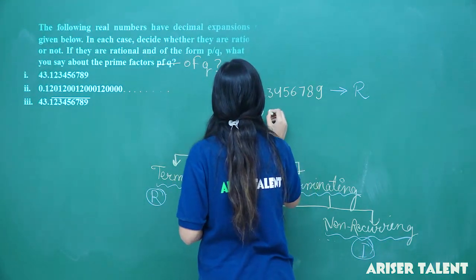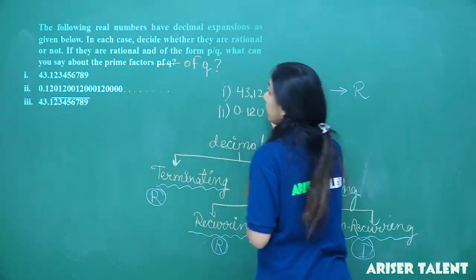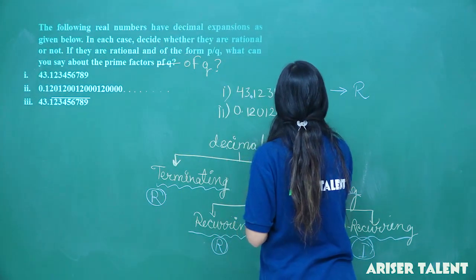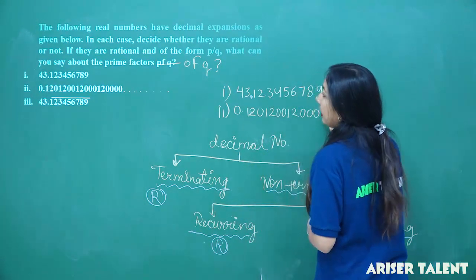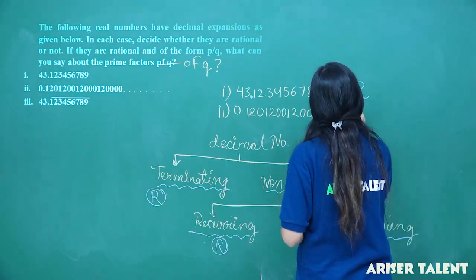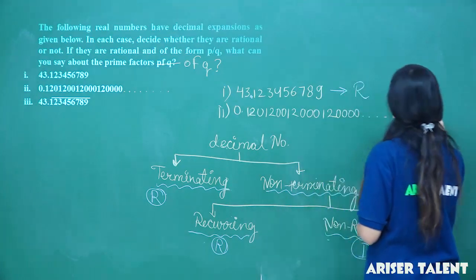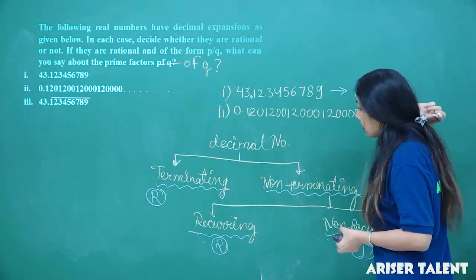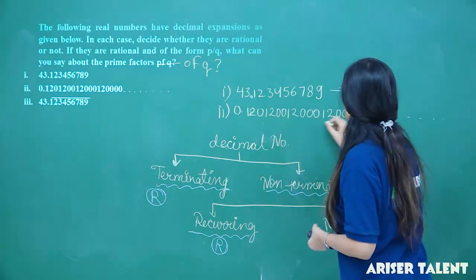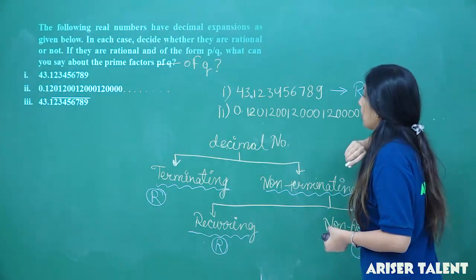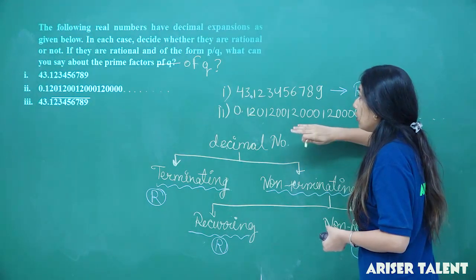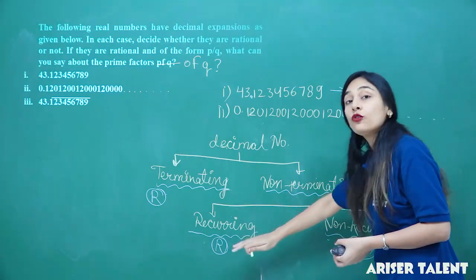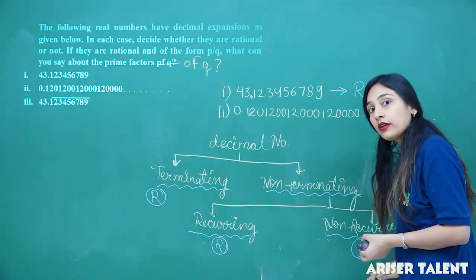Now the second one, this one: 0.120, then 1200, then 12000, and then 120000, maybe more zeros. Now what kind is this? This is the non-terminating kind. Non-terminating is again of two types: recurring, non-recurring.